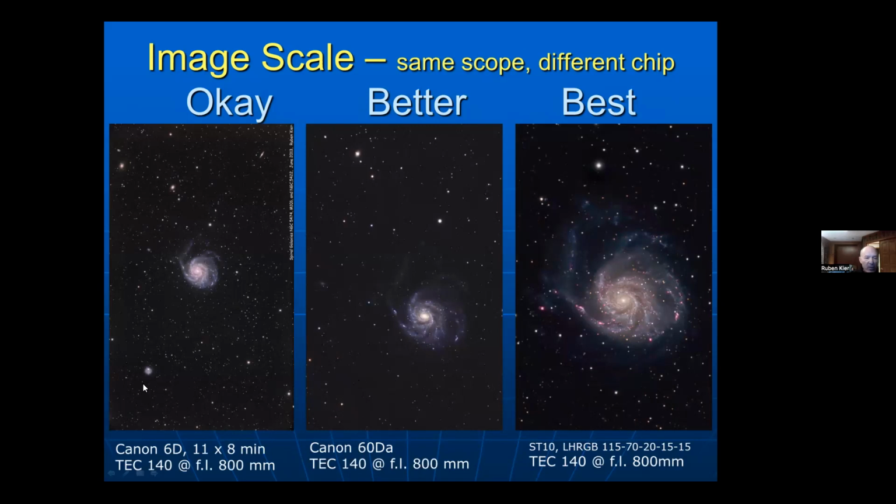So here's one way of framing it, and this is a Canon 6D. These are all using my Tech 140 refractor with a reducer to put it at 800 millimeter focal length.